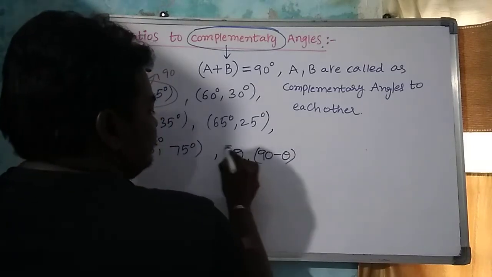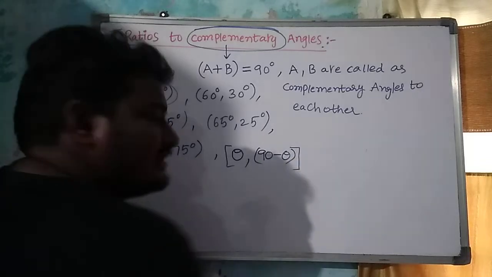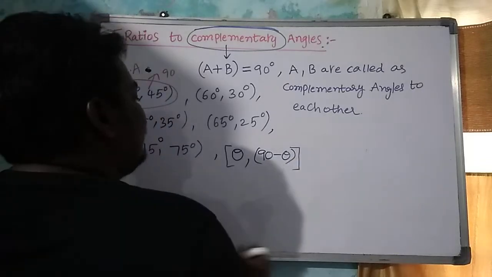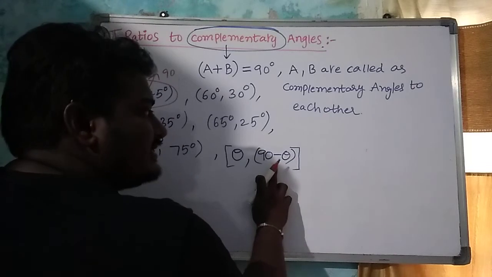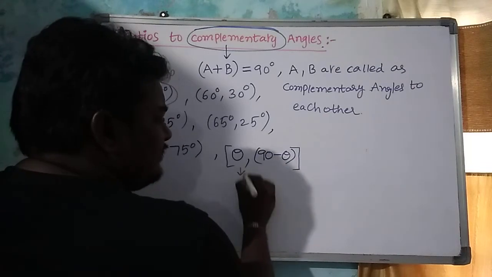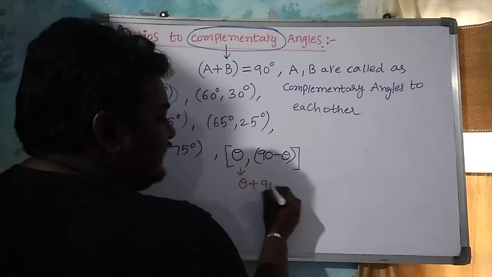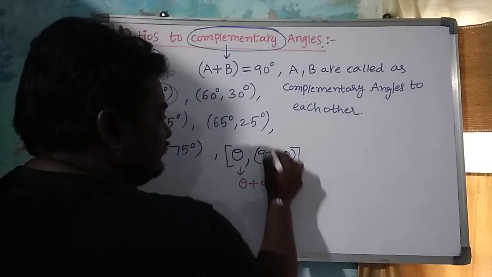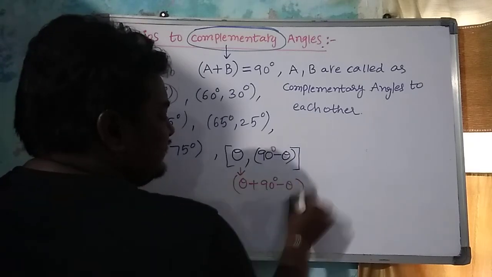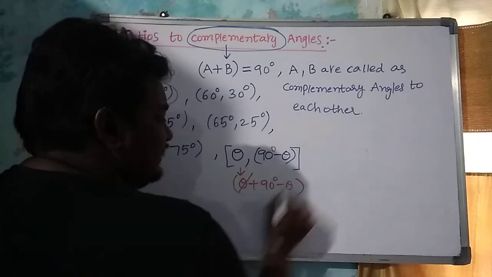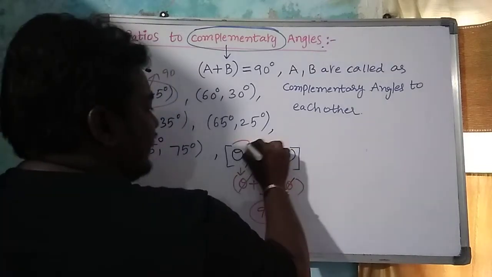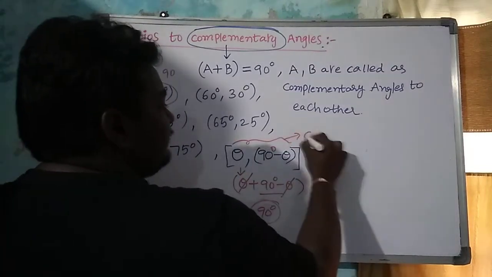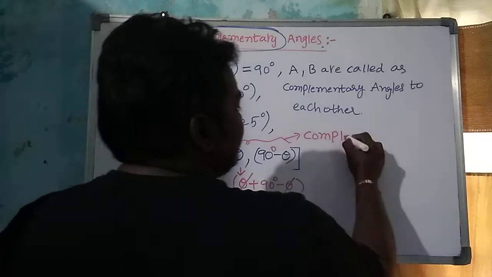This is the generalized form of complementary angles. If one angle is theta, the other complementary angle is 90 minus theta. Total sums to what? Theta plus 90 minus theta equals 90, as theta cancels. So I can call this pair a complementary angles pair.